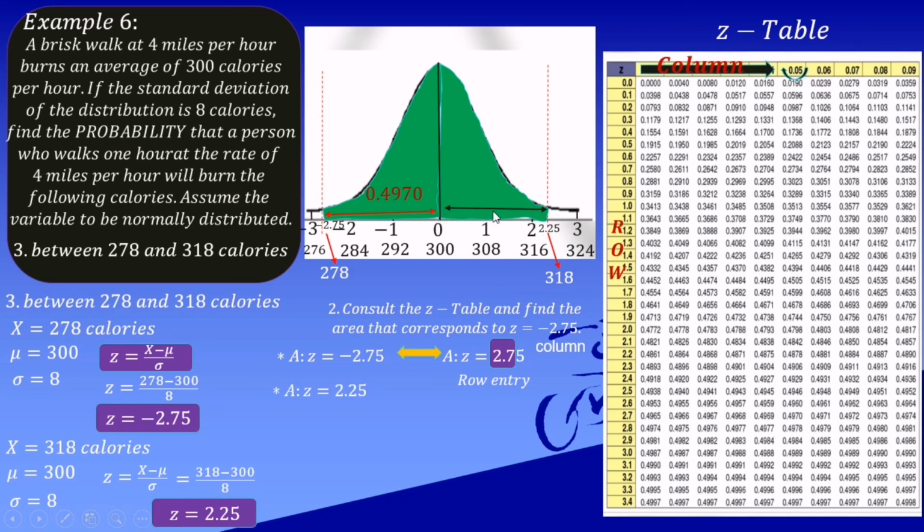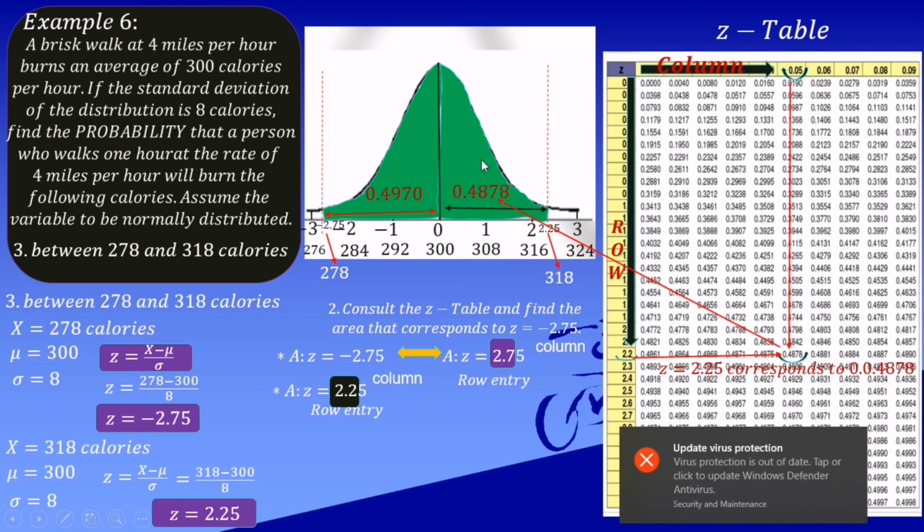Since we are asking for between 278 and 318, to find the area, first two digits, 2.2, that's the row entry. Again, the column entry is 0.05, the intersection. Okay, that is our z is equal to 2.25 corresponds to 0.4878.